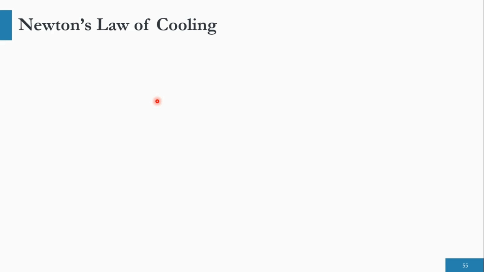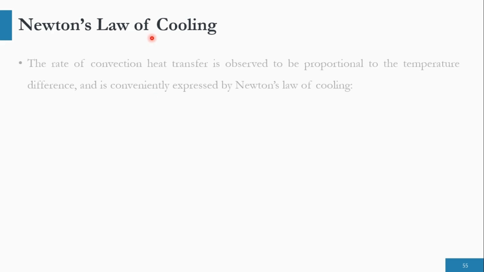So going to Newton's law of cooling, in the same way that for conduction we studied Fourier's law of heat conduction, for convection the law is named Newton's law of cooling.